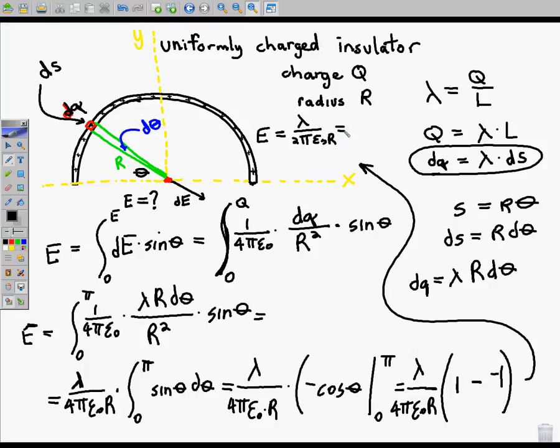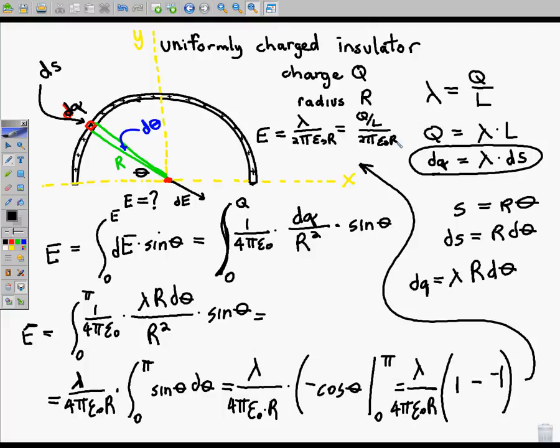Lambda is Q over L, so then we have to put Q over L in there. So it's Q over L over 2 pi epsilon 0 r. And then L is the circumference over 2.